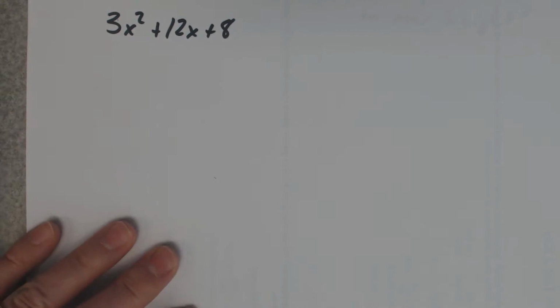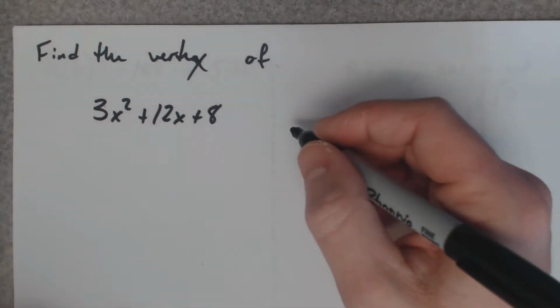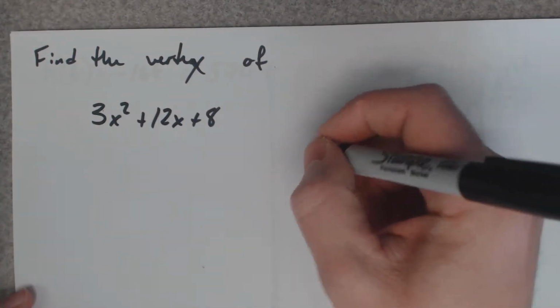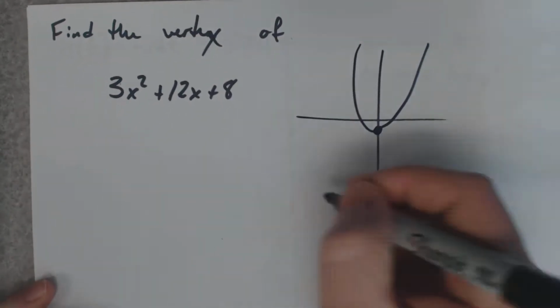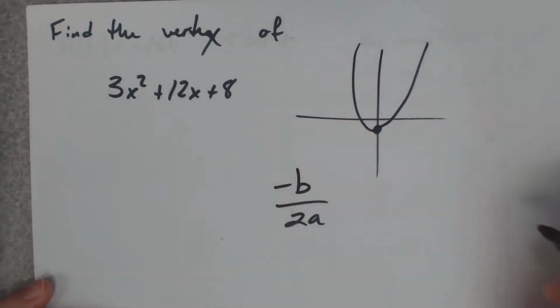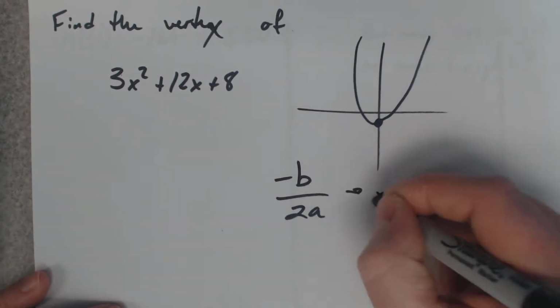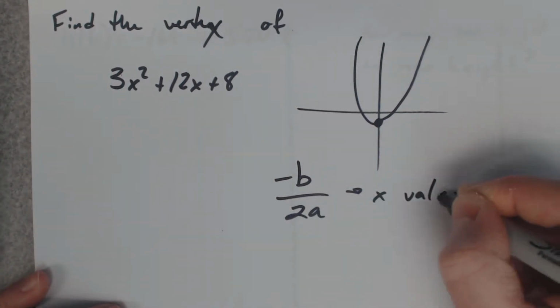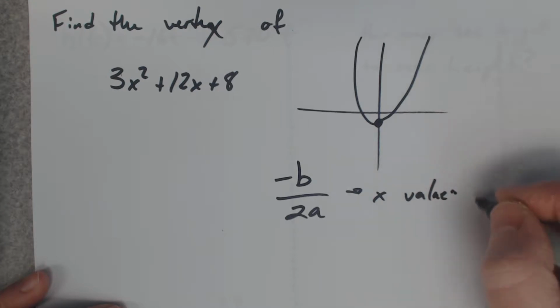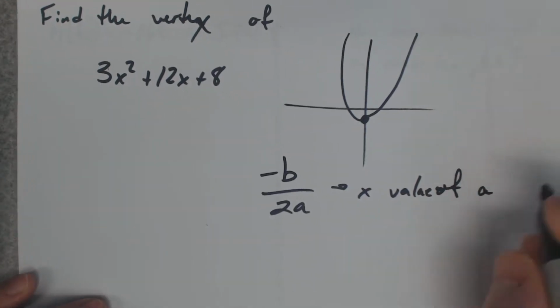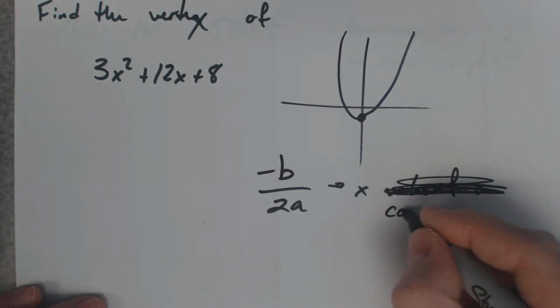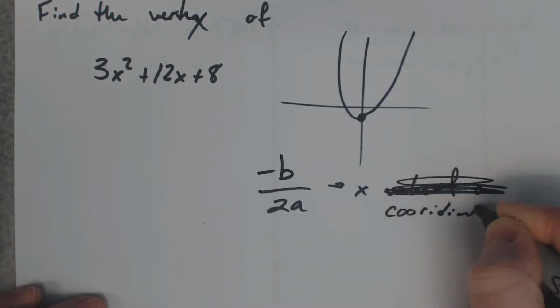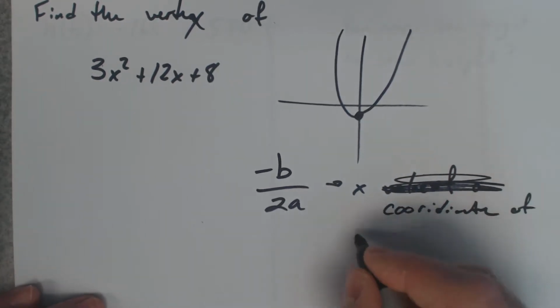Vertex. To find the vertex of a quadratic, remember what a vertex is. It's that very lowest point. Negative b over 2a will find the x value, the x coordinate of the vertex.